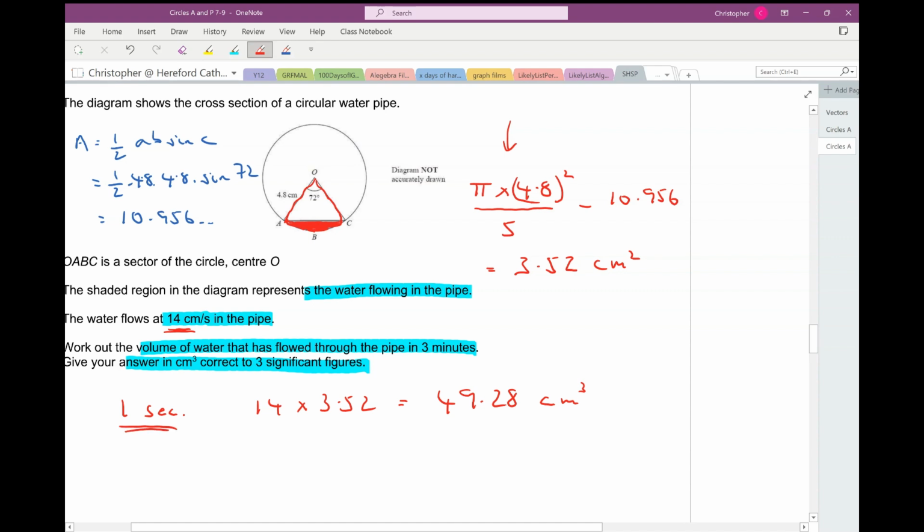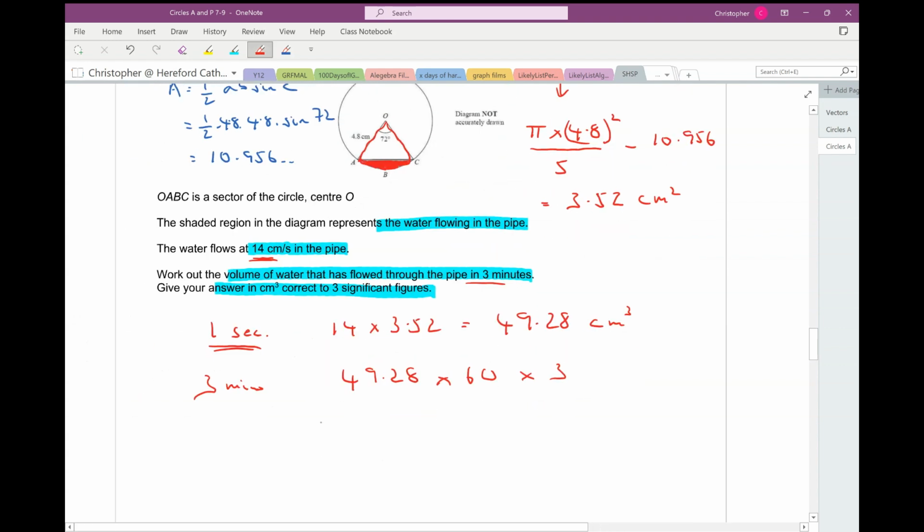Great. So what's the volume of water that will flow through in 3 minutes? Well, if it's 49.28 in a second, times by 60 to get how many cubic centimetres it is in a minute, and then times by 3 for how many cubic centimetres flowed in 3 minutes.